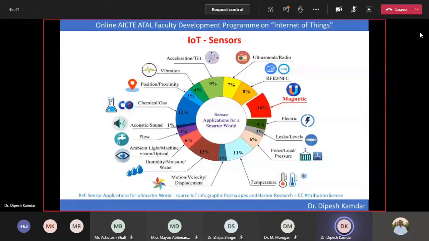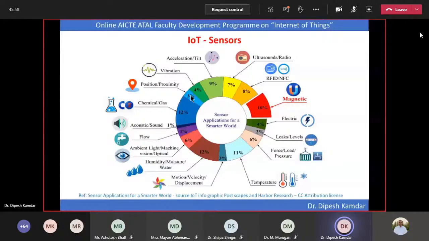Now, what are the IoT sensors? As per the 2017 Smarter World, when Smart World identified the applications of IoT and found out the different sensors, they found the worldwide sensor application shares for different sensors.